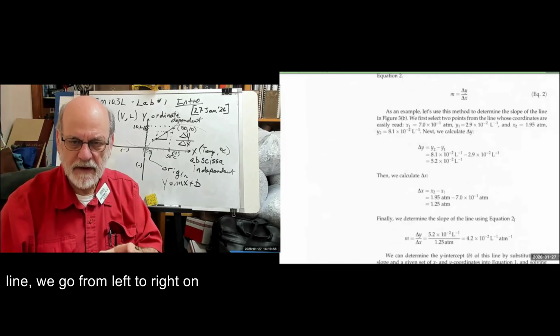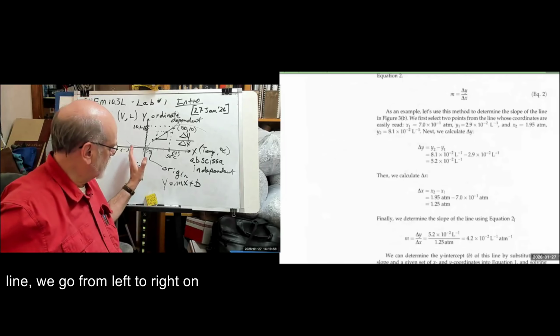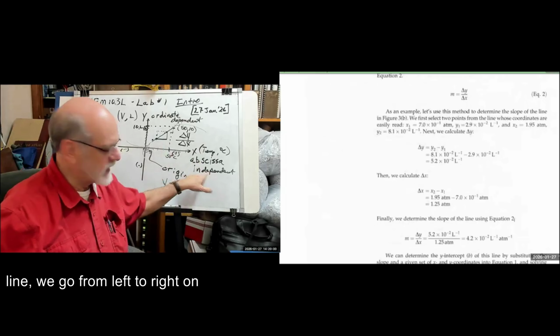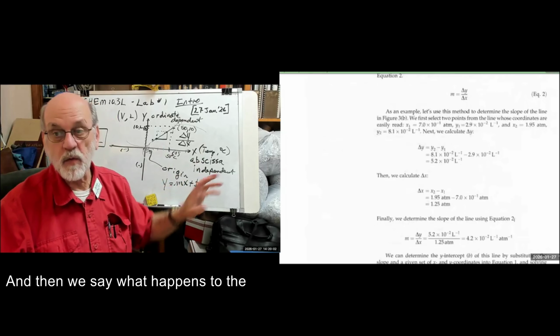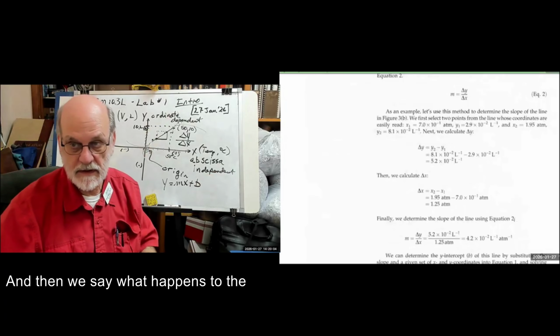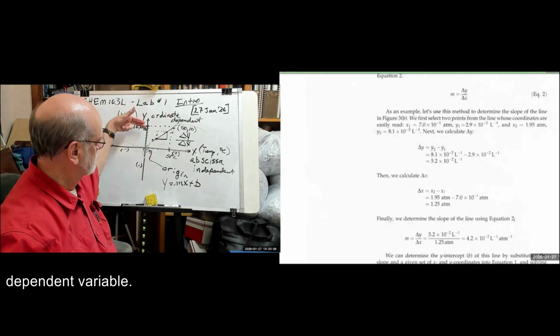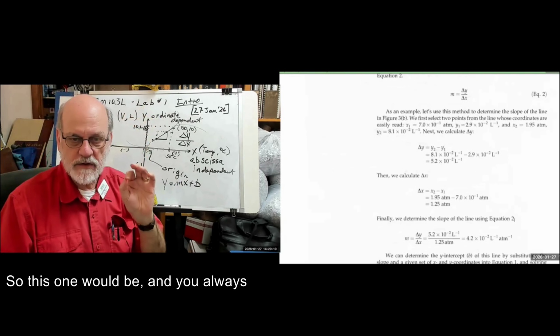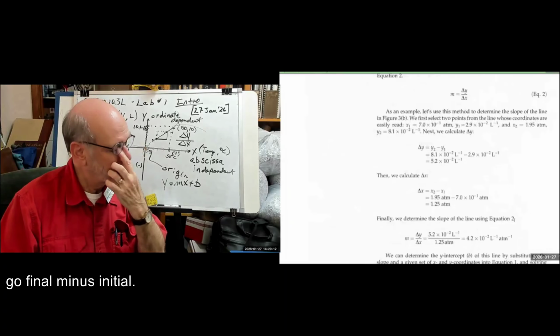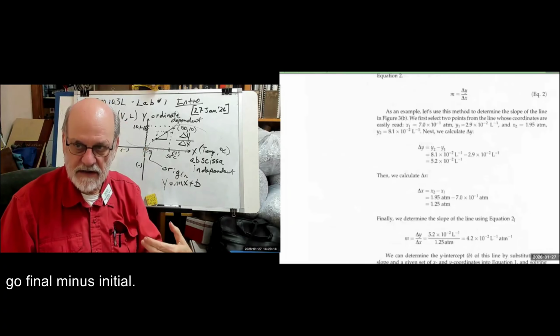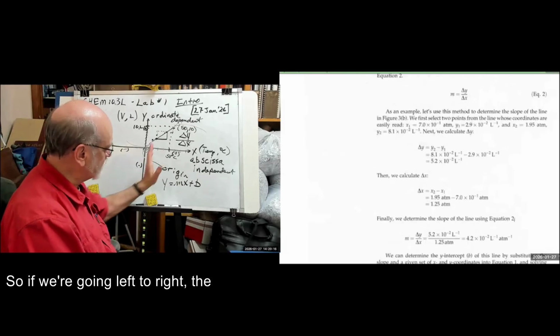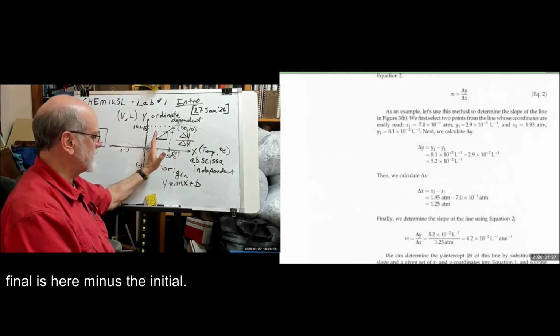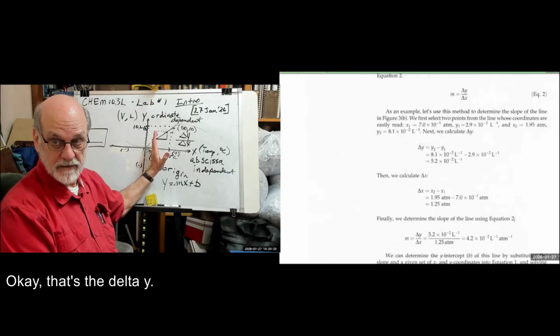When we calculate the slope of a line, we go from left to right on the independent variable, and then we say what happens to the dependent variable. So this one would be, and you always go final minus initial. So if we're going left to right, the final is here minus the initial.